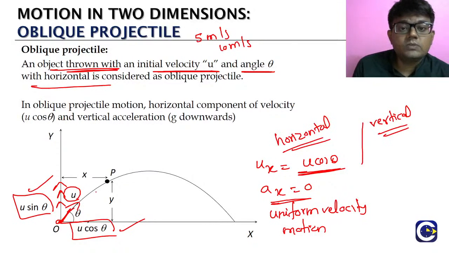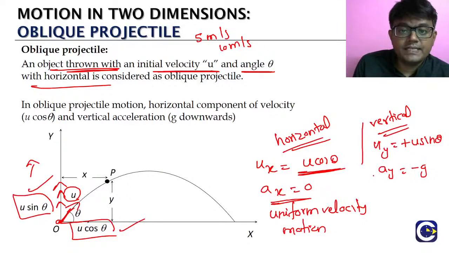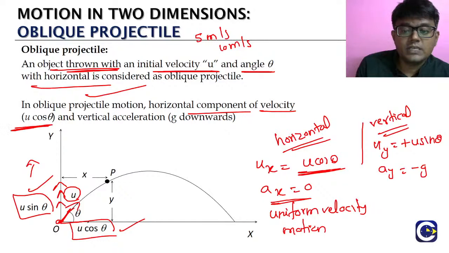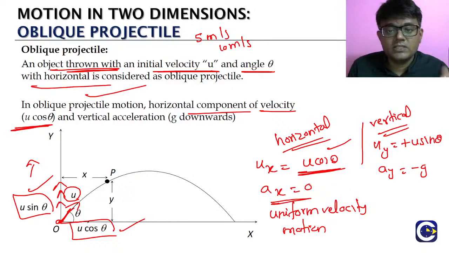In the vertical direction, initially it has a velocity u sin theta, direction upwards, so the initial vertical component of velocity uy is plus u sin theta, plus because it is upwards. Acceleration g is downwards, so it comes as minus, as per the sign convention. So in oblique projectile motion, the horizontal component of the velocity will be constant throughout, since the acceleration in the horizontal direction is 0.